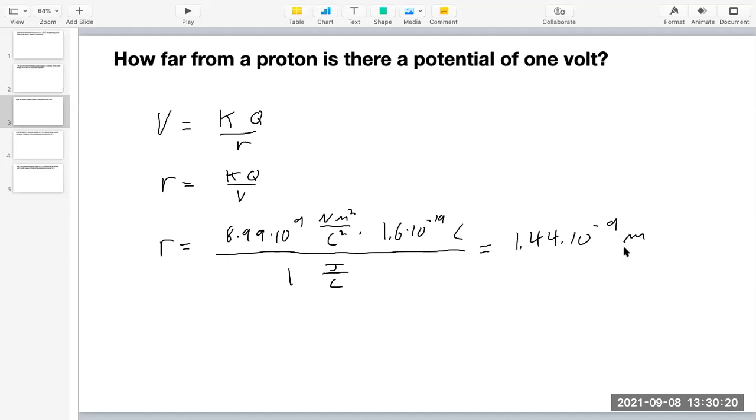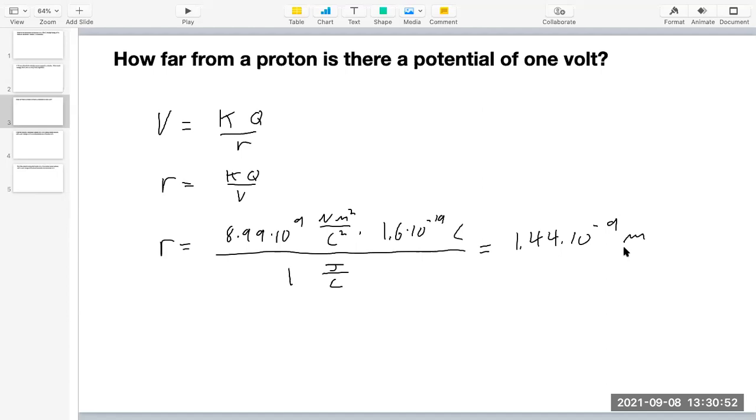Which is not that far off from atomic scale. I would have gone for 10 volts. You get atomic scale. It's around there. So kind of interesting that the electrical potentials that you would see in an atom are in the neighborhood of a few volts.